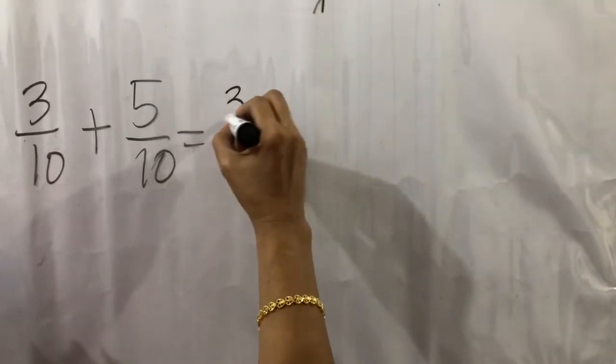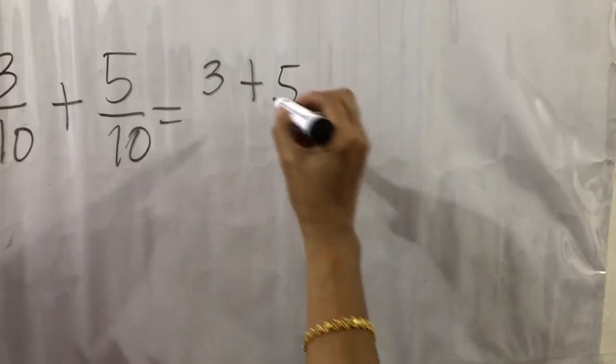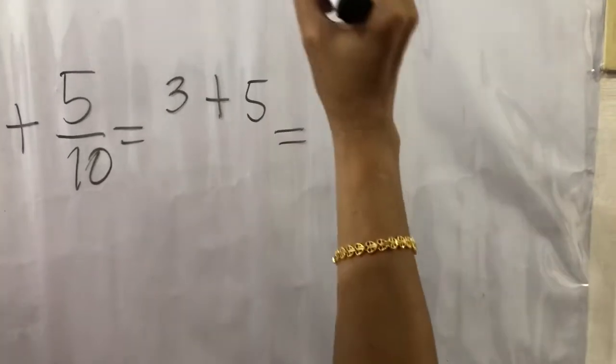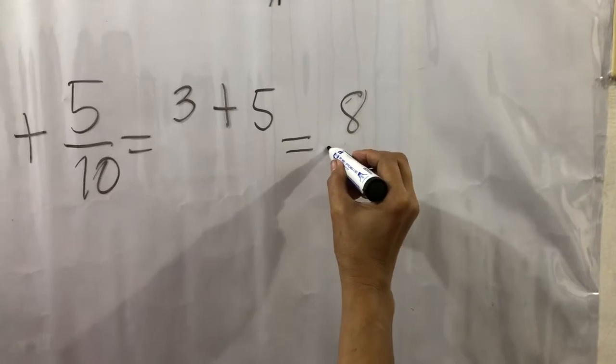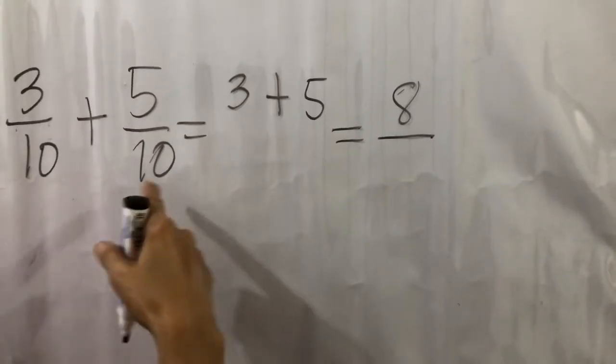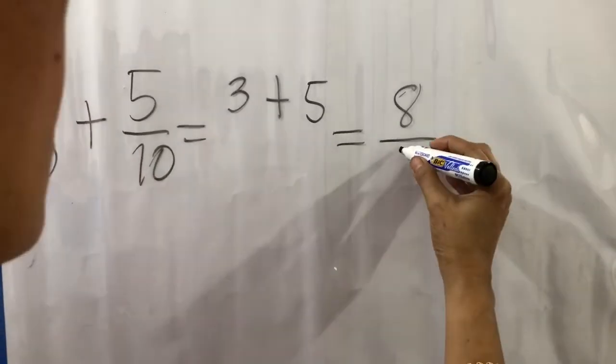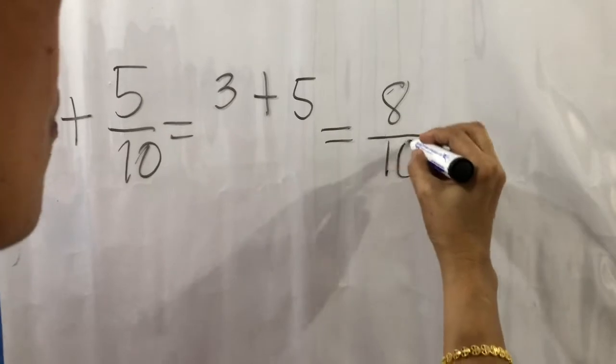So 3 plus 5 equals 8. And then, to get the denominator, you copy the same denominator, 10. So that is now the answer.